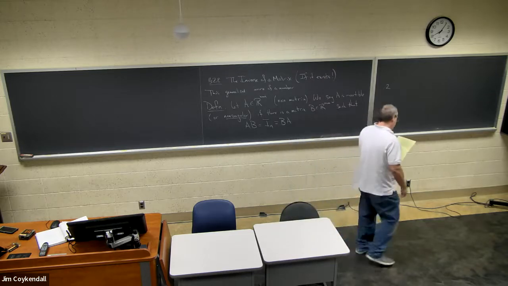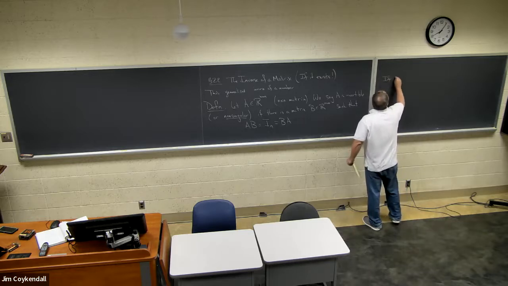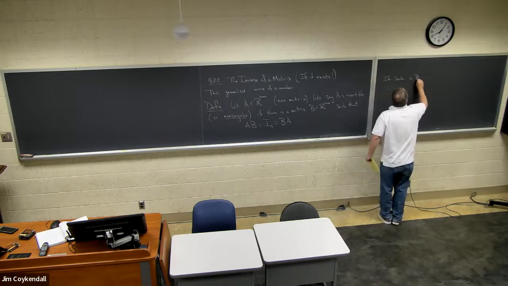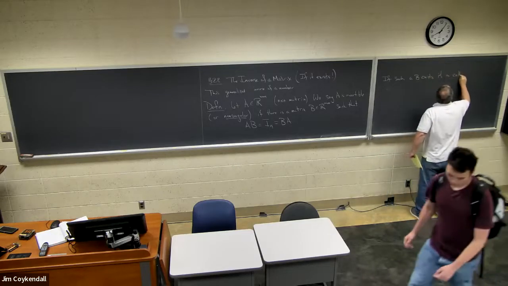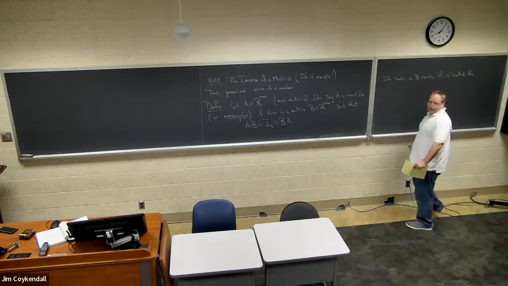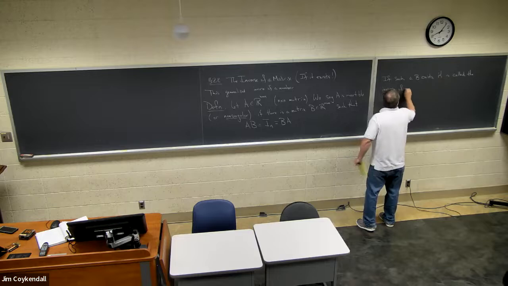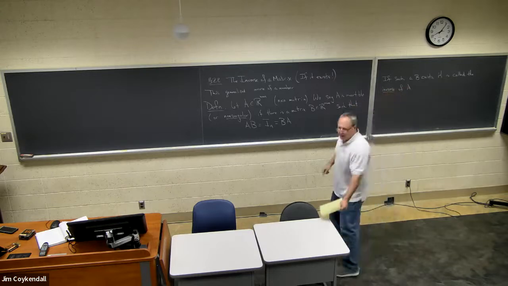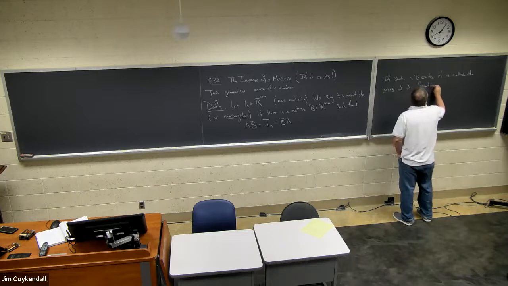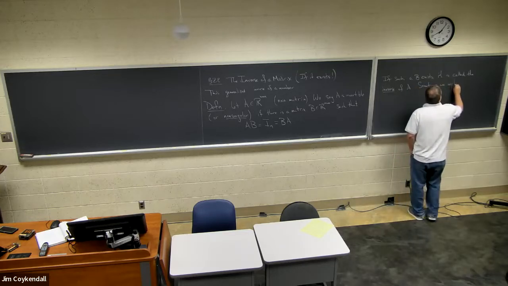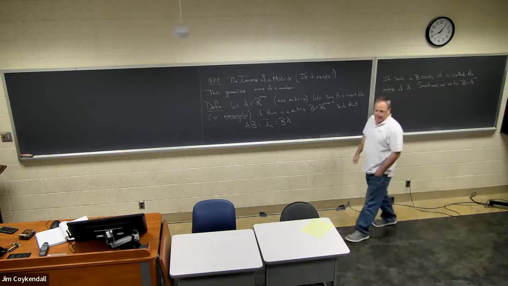Let me use some terminology to go with this. If such a V exists, it is called the inverse of A, and sometimes we write it this way.